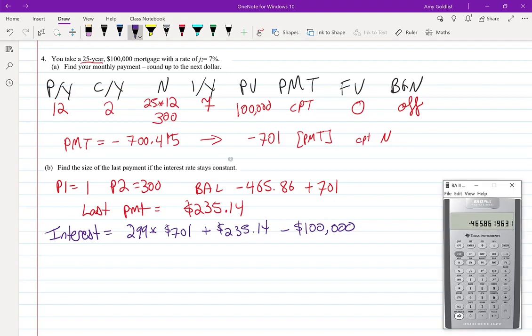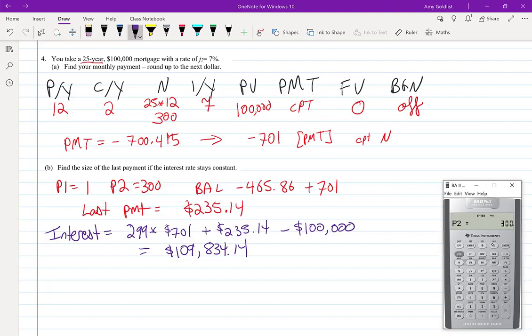So 299 times 701 plus 235.14, and let's subtract $100,000. So we've paid $109,834.14.